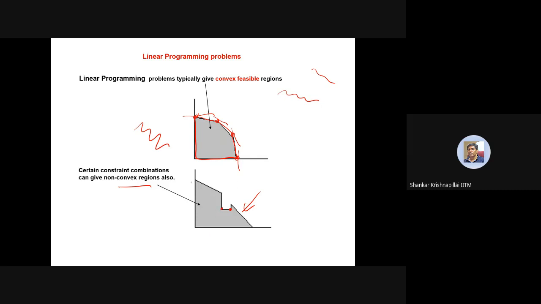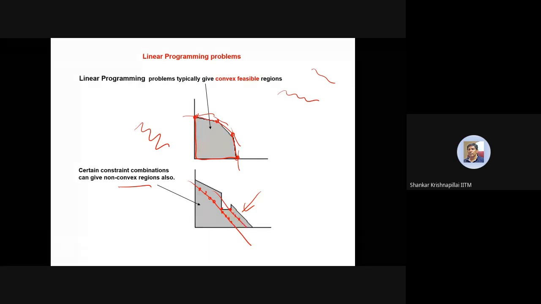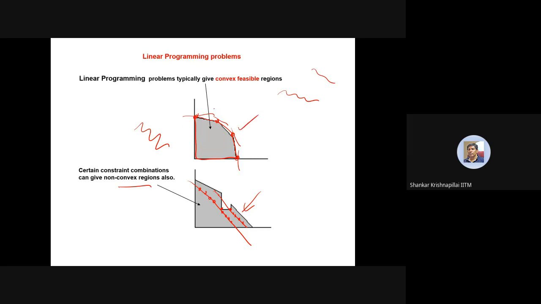Then the objective function will pass like this and all these points will be solutions, which the algorithm doesn't know. So the feasible region must be convex like this. Otherwise, many algorithms will not work and will give wrong results.